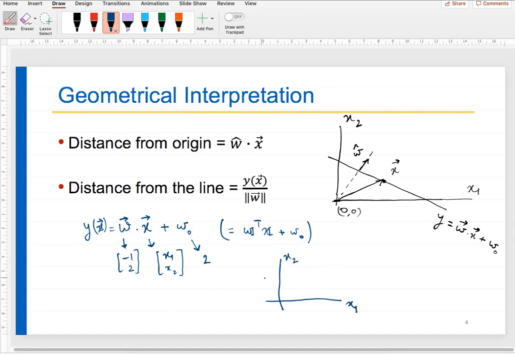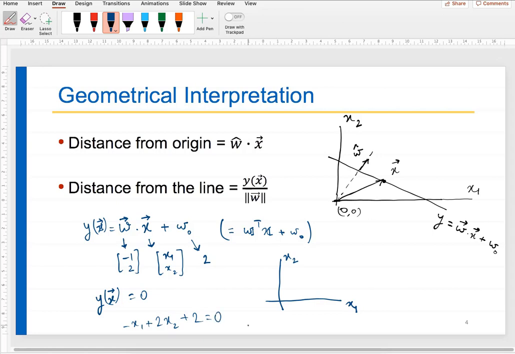The equation of the line is y of x vector equal to 0, and I can say minus x1 plus twice x2 plus 2 is equal to 0.